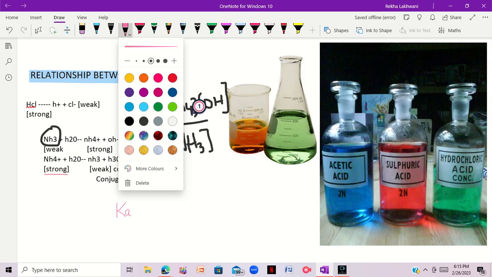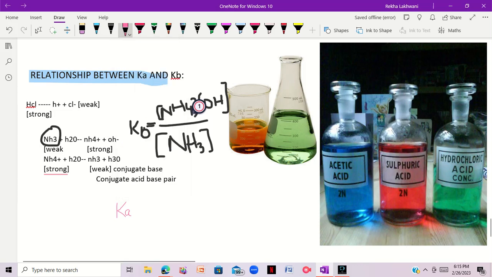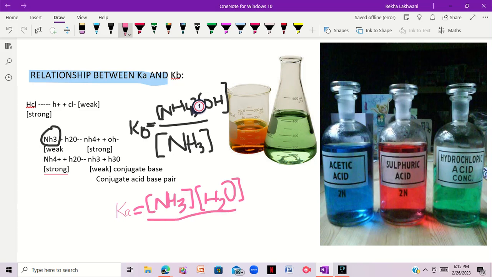So Ka will be equal to the concentration of ammonia over here, and here the concentration of water, because what is the constant? It is the product as a numerator and reactant as a denominator. Over here you write ammonium, right?